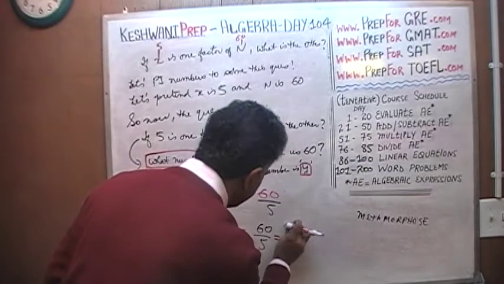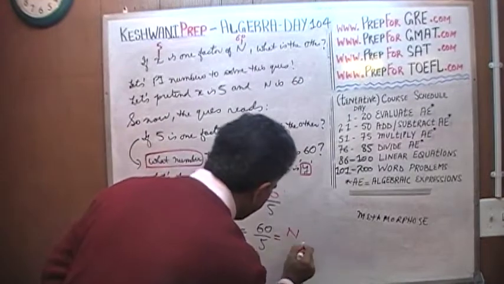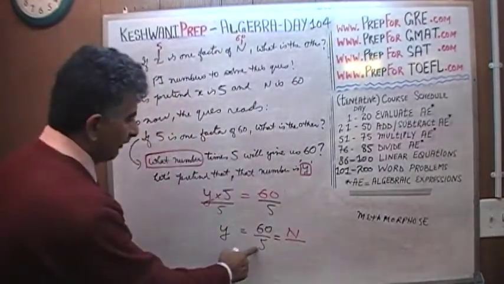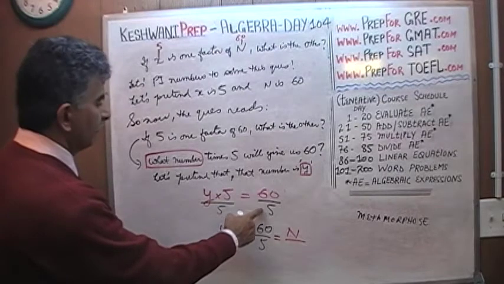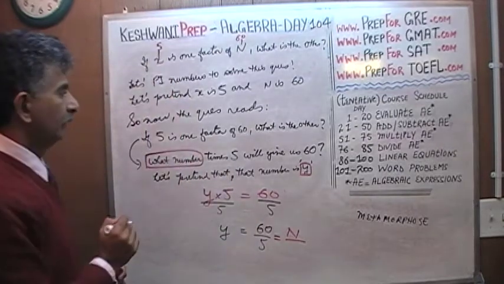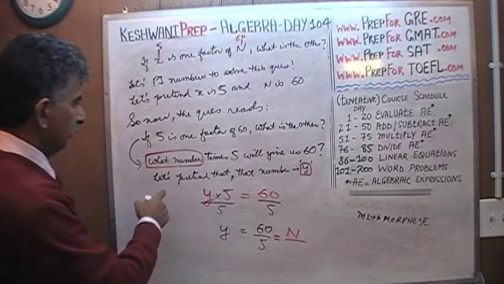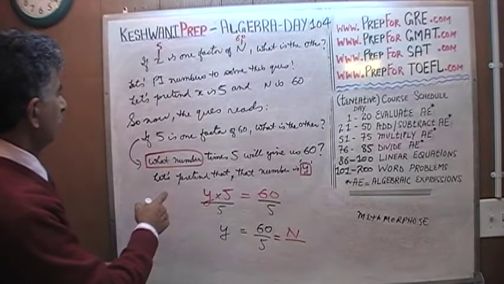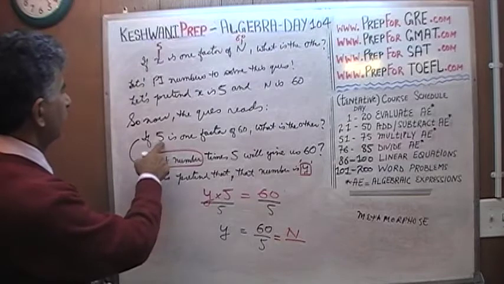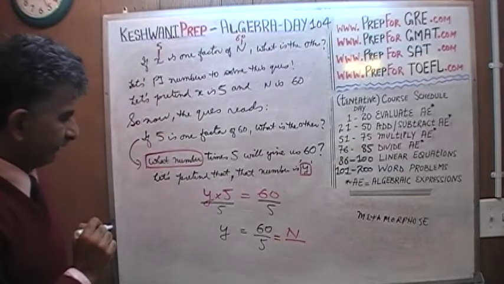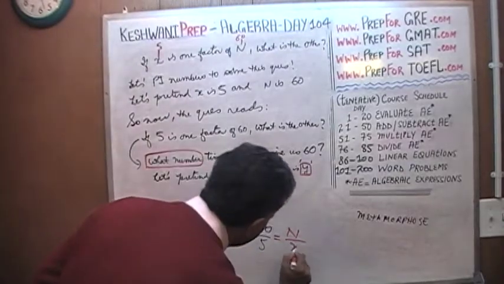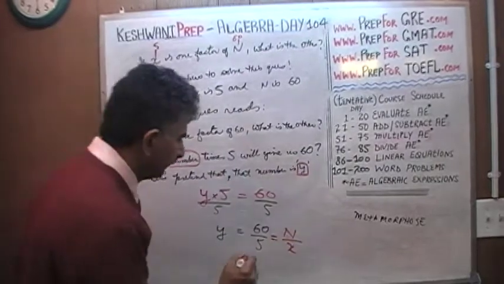And where does this 5 come from? 5 is the value we plugged in for x. So this is your x, and here's your answer.